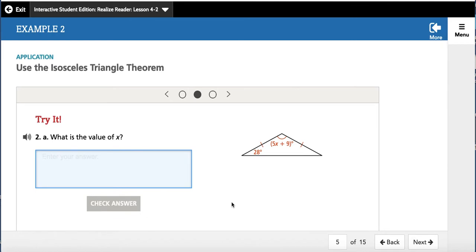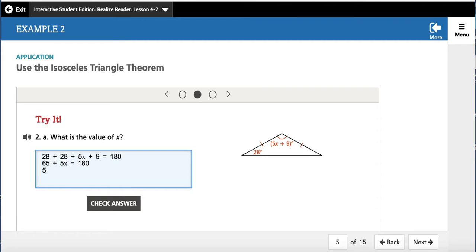I know it's going to be 28 for both those bottom angles, so 28 plus 28 plus this algebraic expression, 5x plus 9, all that should add up to 180. If I combine like terms, 56 and 9 is 65, so I have 65 plus 5x equals 180.